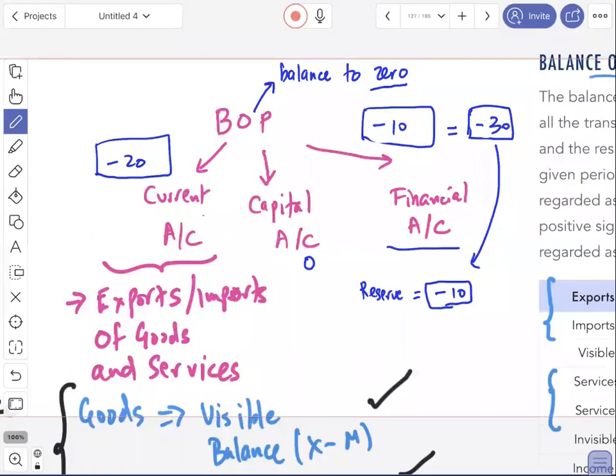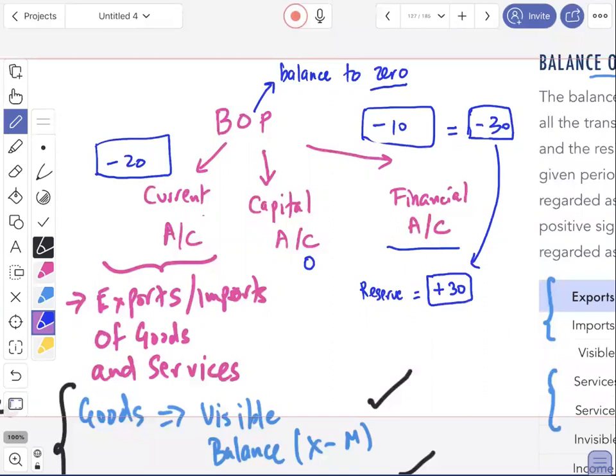So what will happen is, now this country has to pay outsiders minus 30, because this is what the outflows are, which means we need to pay foreigners. We owe this money, which means I will plug this plus 30. I will make this plus 30 happen.